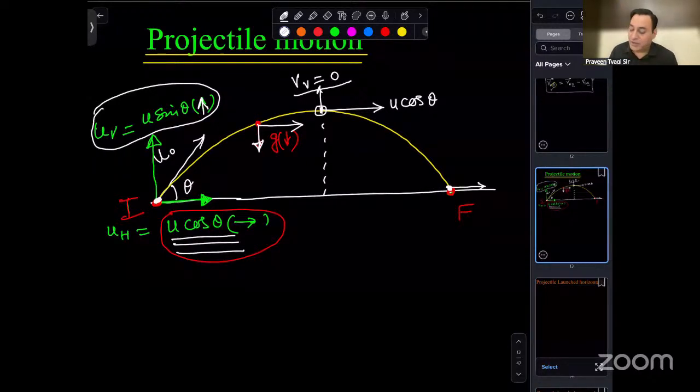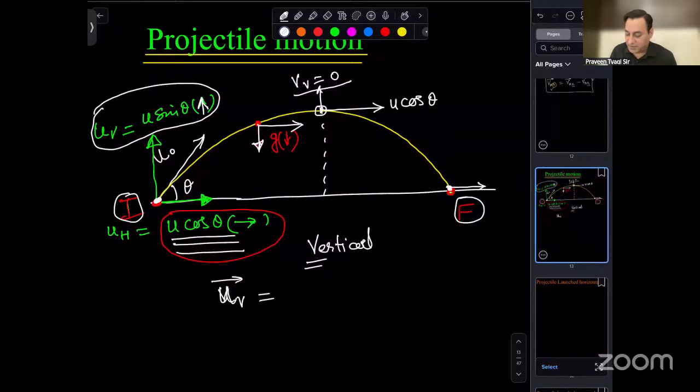Now, I want to find the time from I to F, from here to here, and for that we will study the vertical motion. Let's see what all we know. Initial vertical velocity, u vertical, is how much? u sine theta upwards, meter per second.